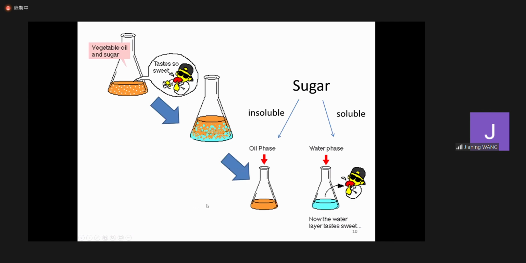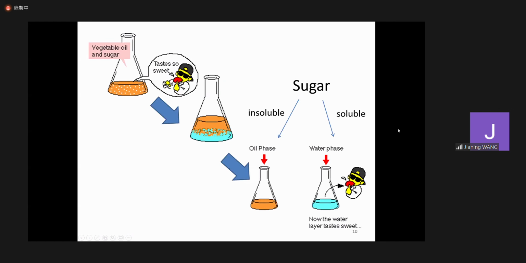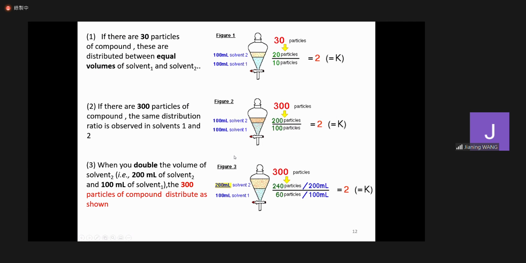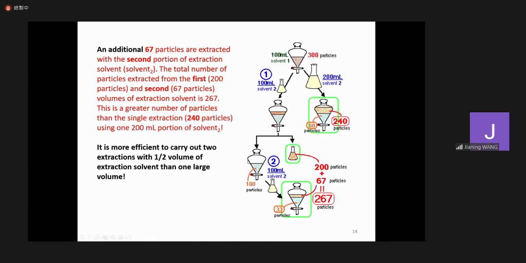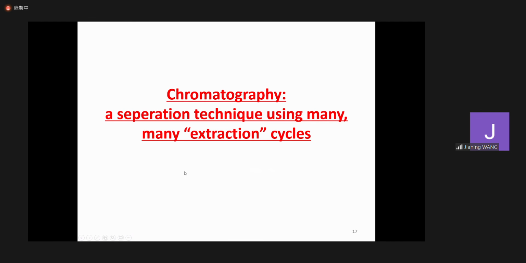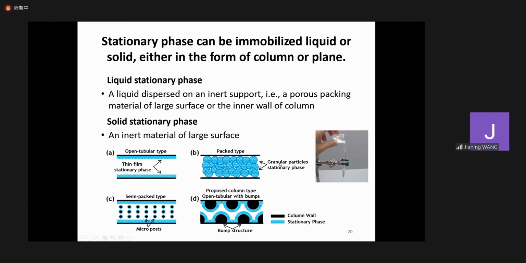We should know the first and quite important fundamental concept, the distribution coefficient. This is a definition. This is still liquid-liquid extraction, and it helps us build the idea of chromatography. So this is how chromatography works.